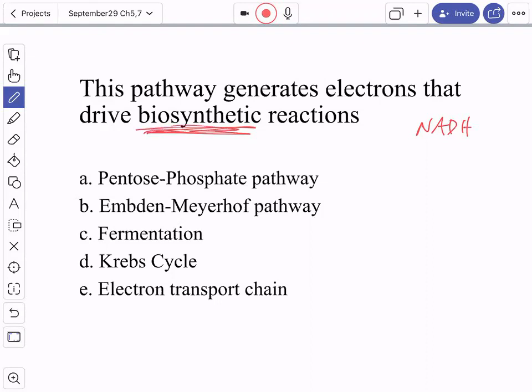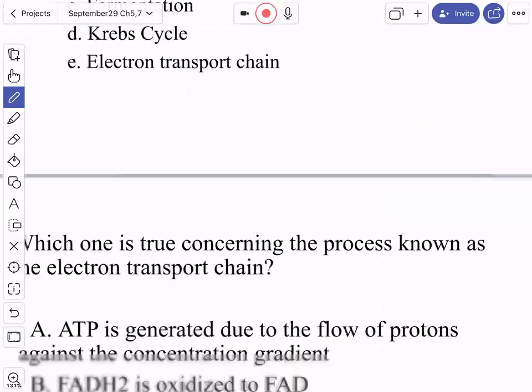Electrons that go to power biosynthetic reactions, that's going to be the pentose phosphate pathway because we've got the carrier NADPH. That phosphate tags those electrons to go towards biosynthetic reactions. And you should recognize Embden-Meyerhof. That's just another name for glycolysis. We haven't talked about fermentation yet, so hopefully you didn't think that was the answer.